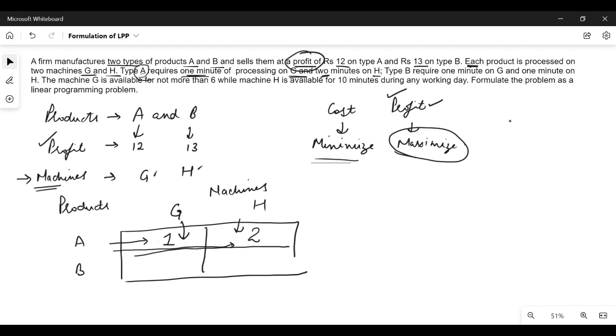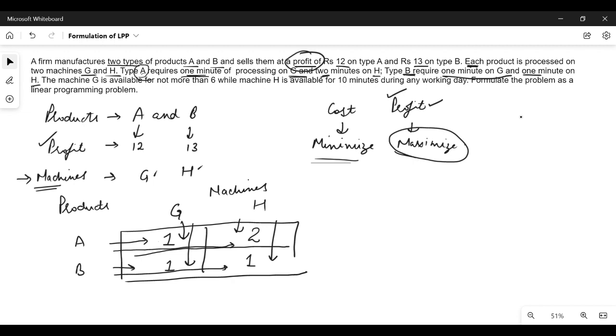In the same way, type B requires 1 minute on G. So B here and G here, 1 minute on G and 1 minute on H. So this is 1 and here I will get 1. Clear?